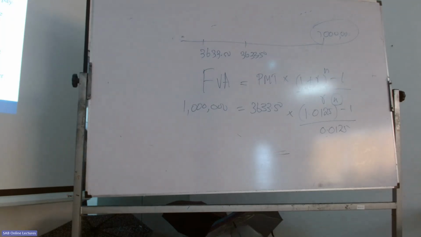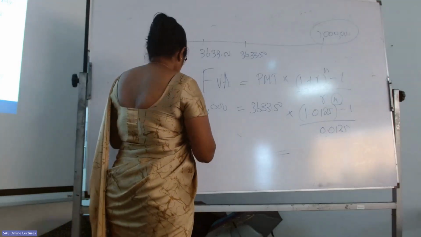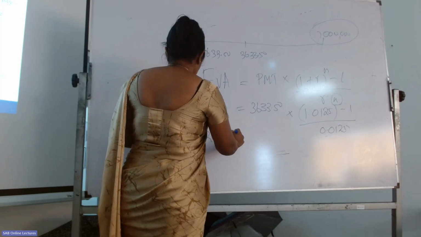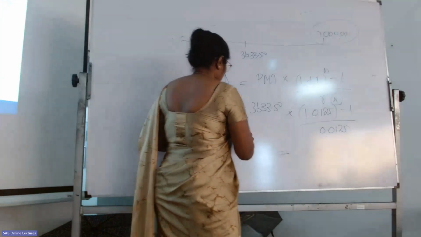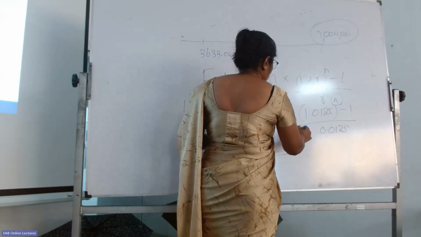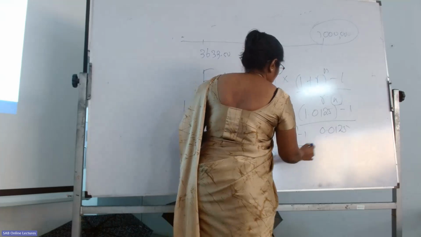So you can simplify this by dividing 1 million by 3,633.5. Then it will be 275.21. What is equal to 1.0125 to the power n minus 1 divided by 0.0125.